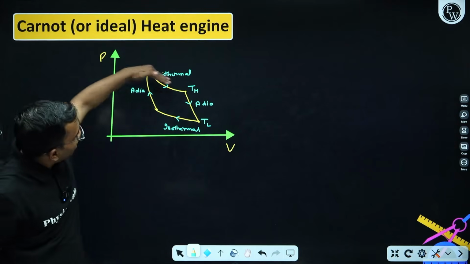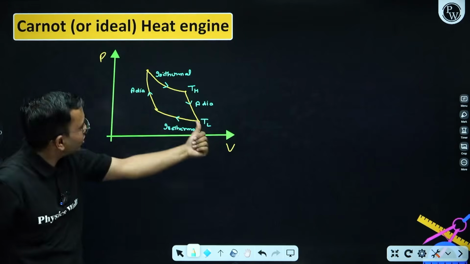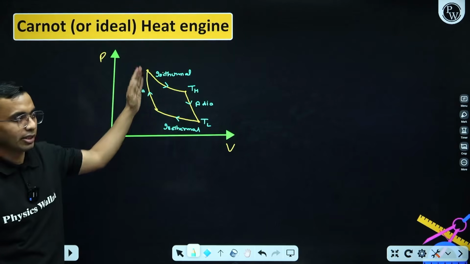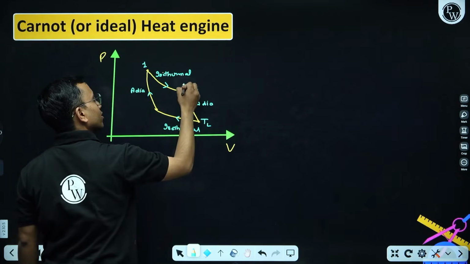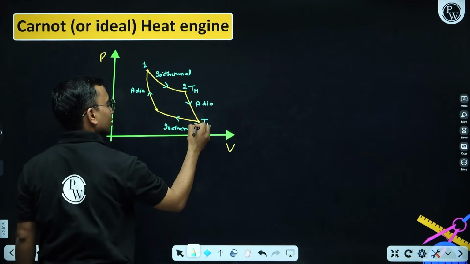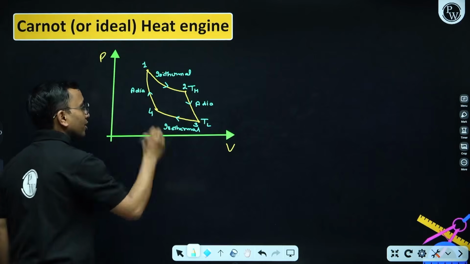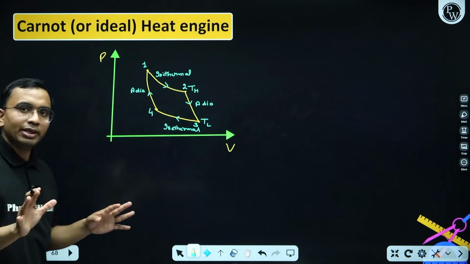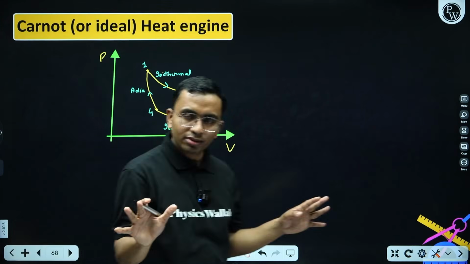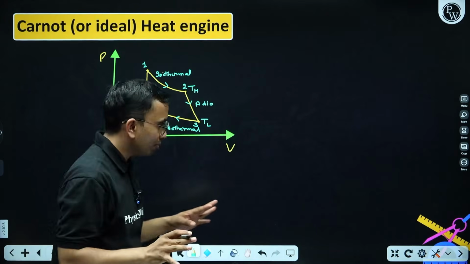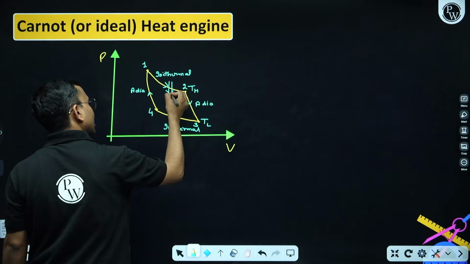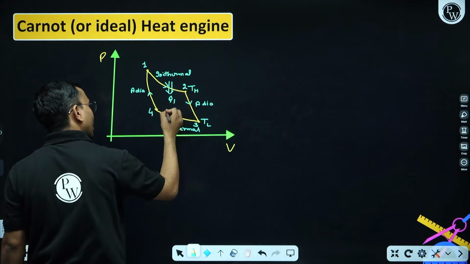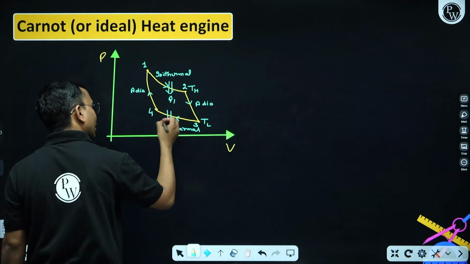So isothermal expansion, then adiabatic expansion, isothermal compression, then adiabatic compression. This is 1, this is 2, this is 3, this is 4. In adiabatic, there is no heat exchanged. Only the isothermal process will have heat exchange. Let us take here the heat intake is Q1 and here it will release heat, that is Q2.